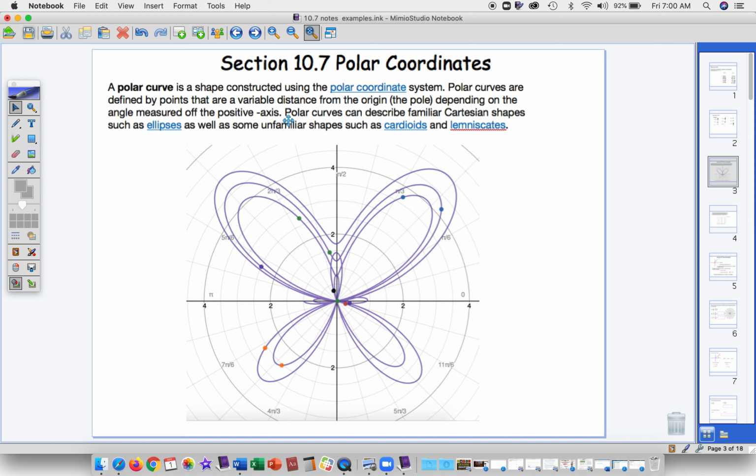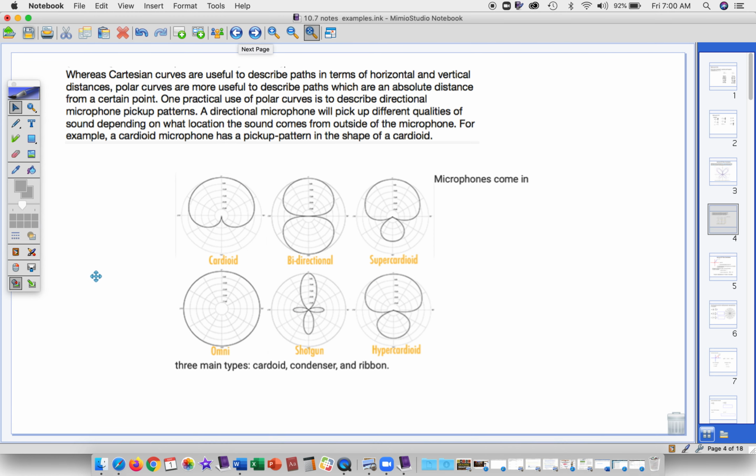Polar curves can describe familiar Cartesian shapes such as ellipses, as well as some unfamiliar shapes such as cardioids and lemniscates. Whereas Cartesian curves are useful to describe patterns in terms of horizontal and vertical distances, polar curves are more useful to describe the paths which are an absolute distance from a certain point.